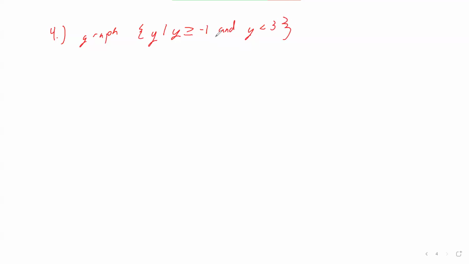So remember, this right here has to be an intersection. So let me clear this up for you. So here's my number line. Here's 0, here's -1, and then 1, 2, 3. You're going to graph both of these, but they have to only be what intersects.